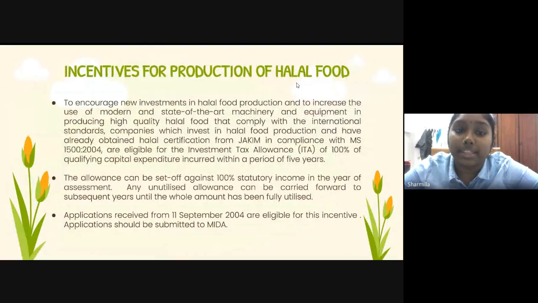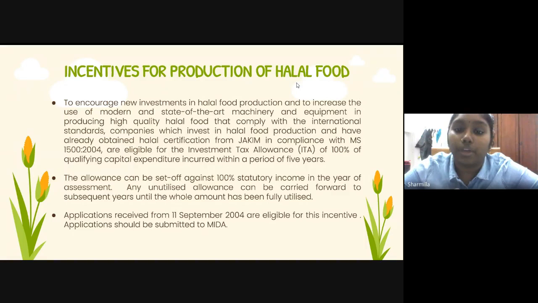The next is the incentives for production of halal food, to encourage new investment in halal food production and to increase the use of modern and state-of-the-art machinery and equipment in producing high-quality halal food that complies with international standards. Companies which invest in halal food production and have obtained halal certification from JAKIM are eligible for ITA of 100% of QCE incurred within a period of 5 years.